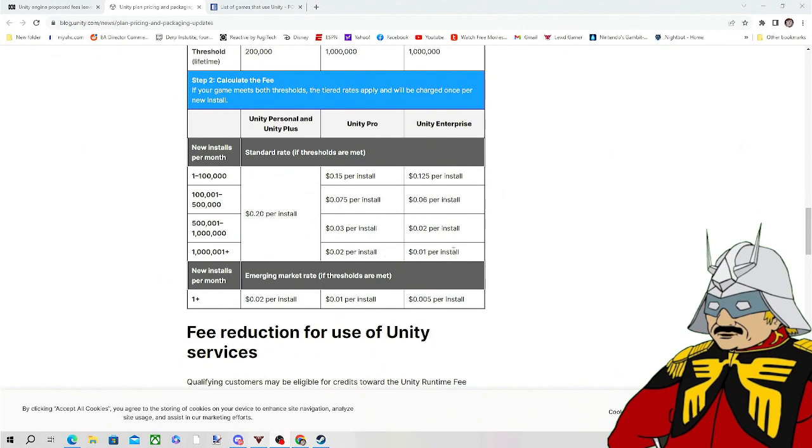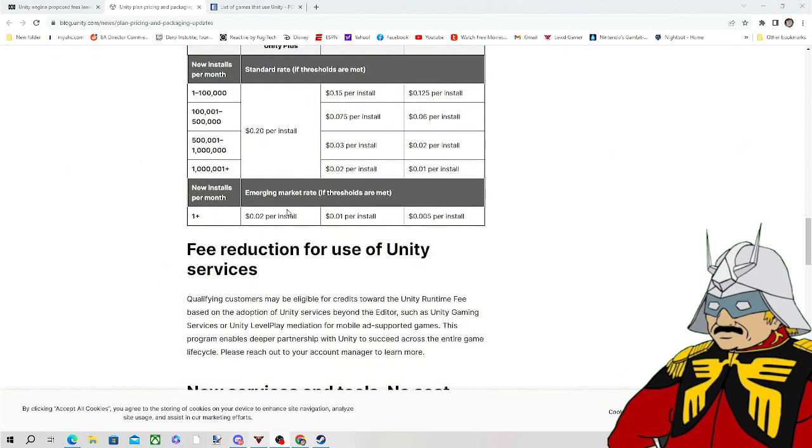No joke. 1 cent for Unity Enterprise, 1 cent per install. 2 cents, 20 cents if you have Unity Personal and Unity Plus, which basically means you're going to bankrupt these people.